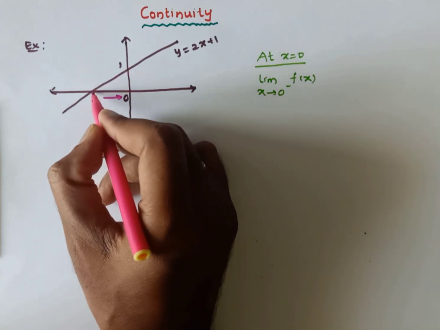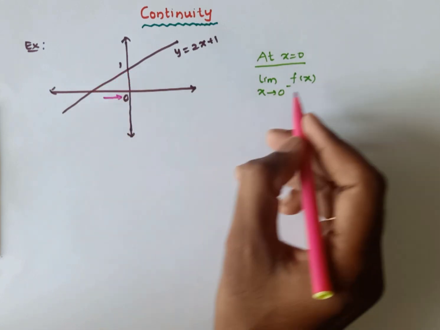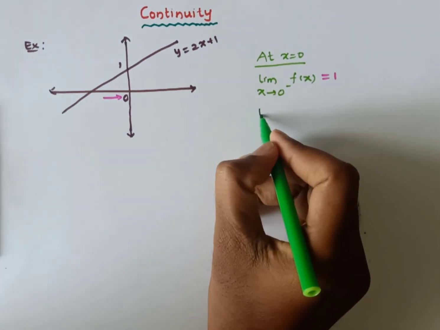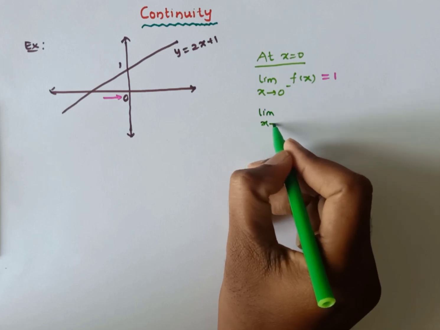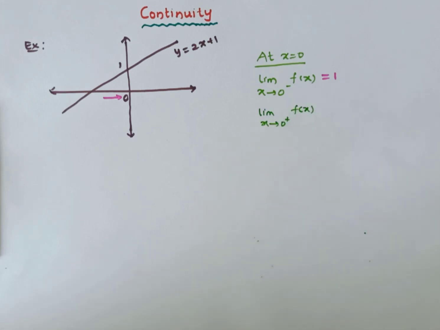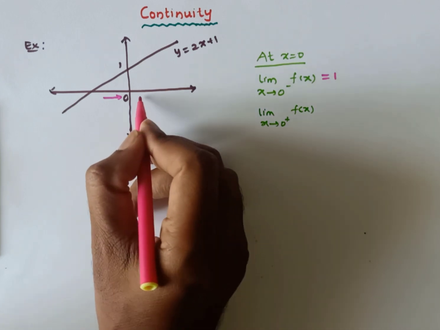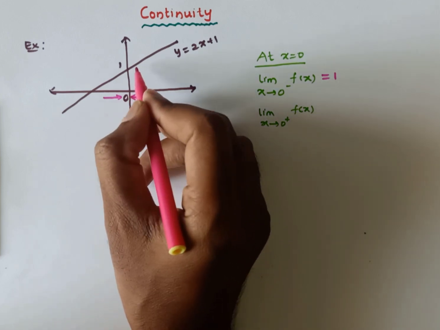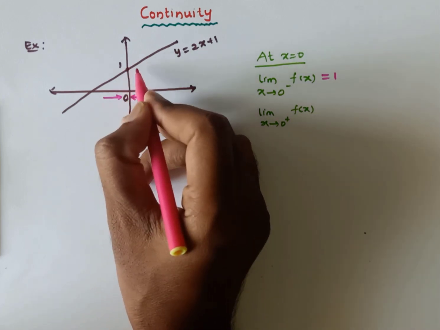This graph approaches 1, therefore the left hand limit is 1. Limit as x tends to 0 plus of f of x: as x approaches 0 from the right hand side, the function value approaches 1 only.